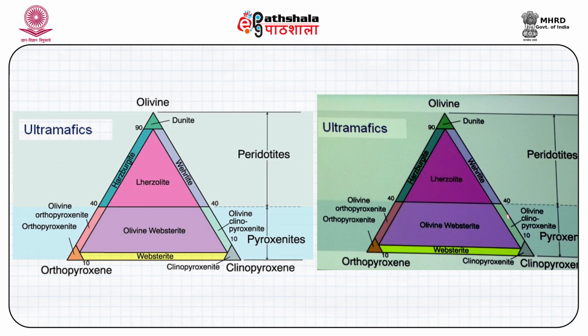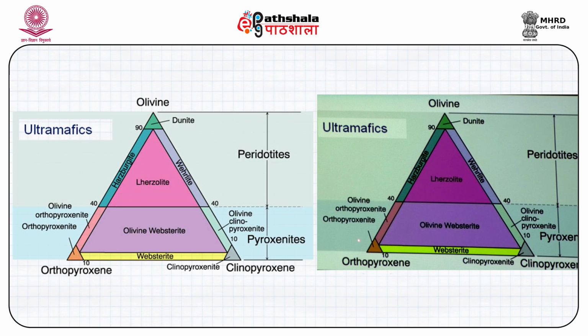Similarly, olivine and clinopyroxene will form wehrlite, but for both these rocks the olivine has to be more than 40%. Less than 40%, what we have here is olivine websterite. Websterite is orthopyroxene and clinopyroxene rich, where you have less than 10% olivine, so it is called websterite. When more than 10% olivine is present, it is called olivine websterite.